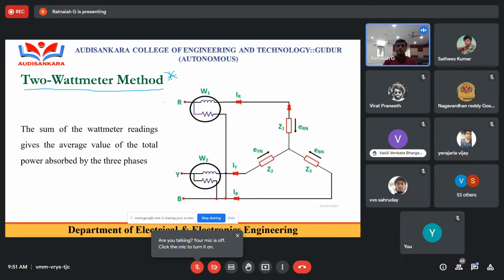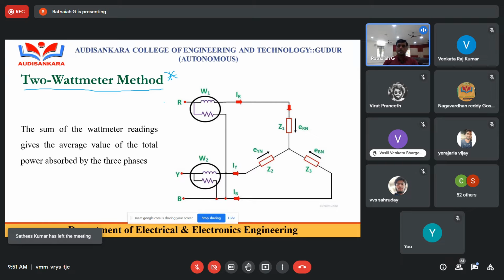The three-wattmeter method is applicable for both balanced and unbalanced, star and delta also, but the number of wattmeters is more. With the same constraint, we can calculate total power absorption with two wattmeters only. How we can achieve this result using the two-wattmeter method, I can explain one by one.